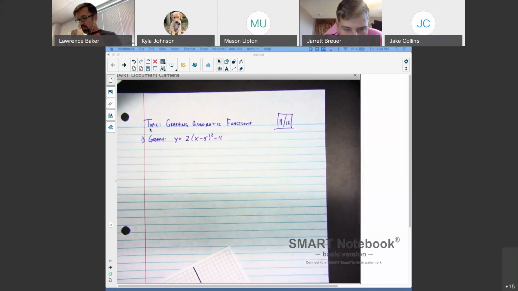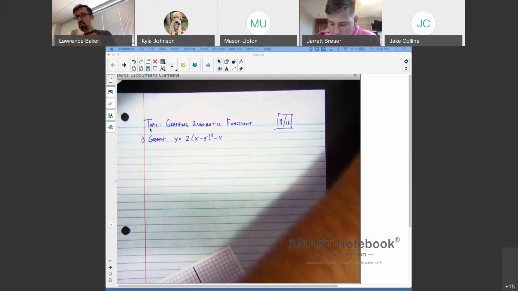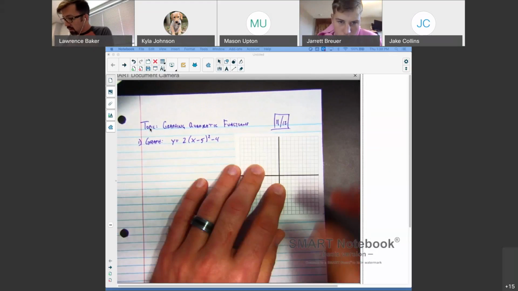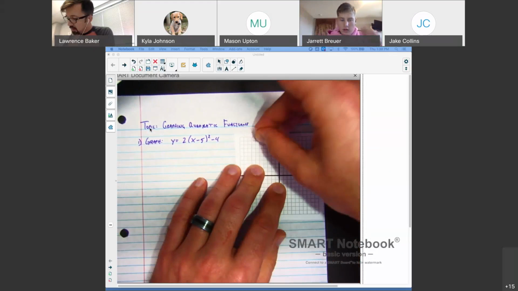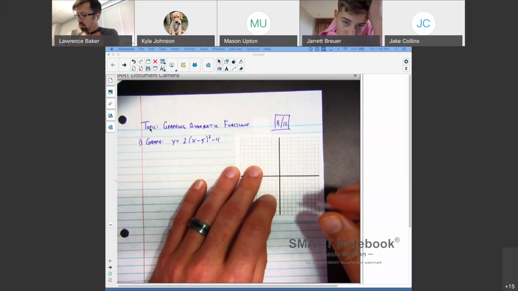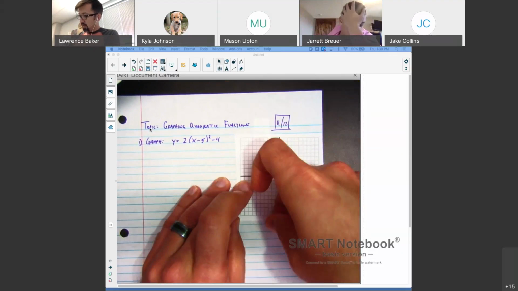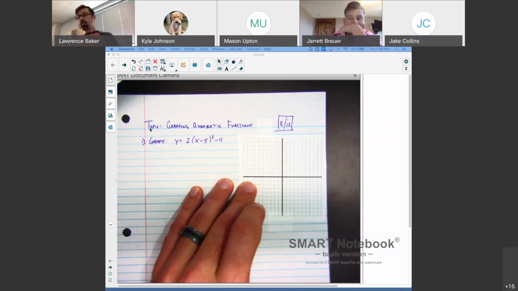Took a little bit of tape. Don't need much. Tape my coordinate plane down.